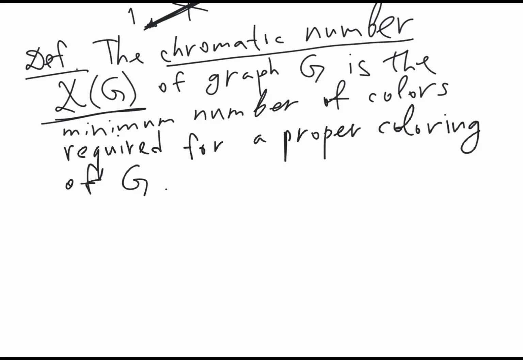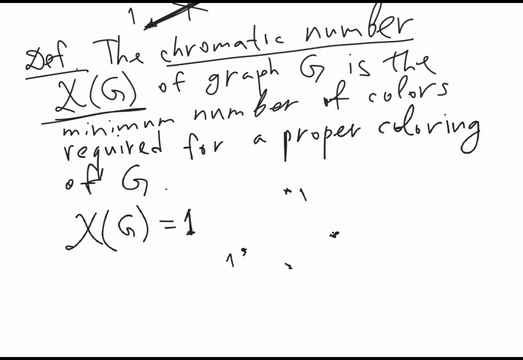Let's consider several examples for some classes of graphs. The only case when χ(G) is equal to 1, meaning we can color the vertices of the graph properly in only one color, is when we don't have edges at all.